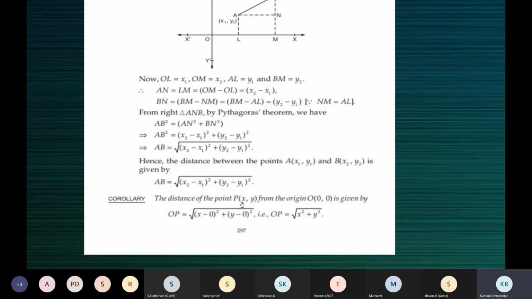Instead of x, y, we have the coordinates minus 1, minus 2. So it will be minus 1 the whole square plus minus 2 the whole square. So that is 1 plus 4, 5, root 5 units.